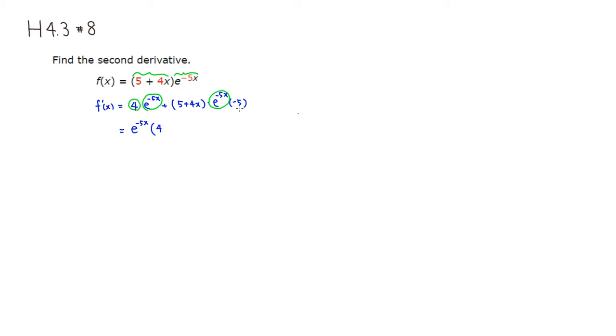Then I'm going to distribute the negative 5 to 5, so that's negative 25. And then I'm going to distribute negative 5 to 4x, so it's negative 20x. So that takes care of those.